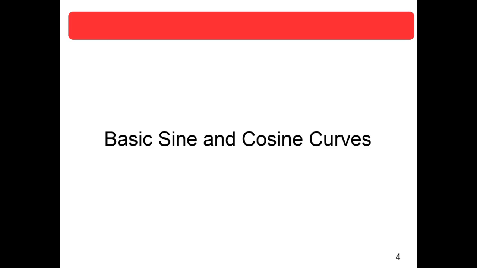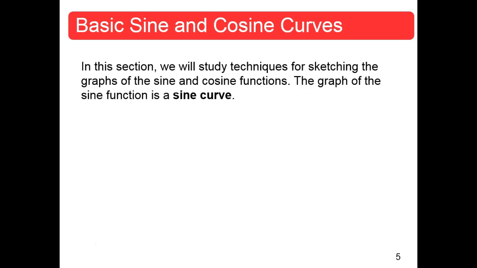Okay. So let's look at the basic sine and cosine curves. In this section, we'll study techniques for sketching the graphs of the sine and cosine functions. The graph of a sine function is also often called a sine curve. The graph of a cosine function would be a cosine curve. And frankly, they look very, very similar. Okay?